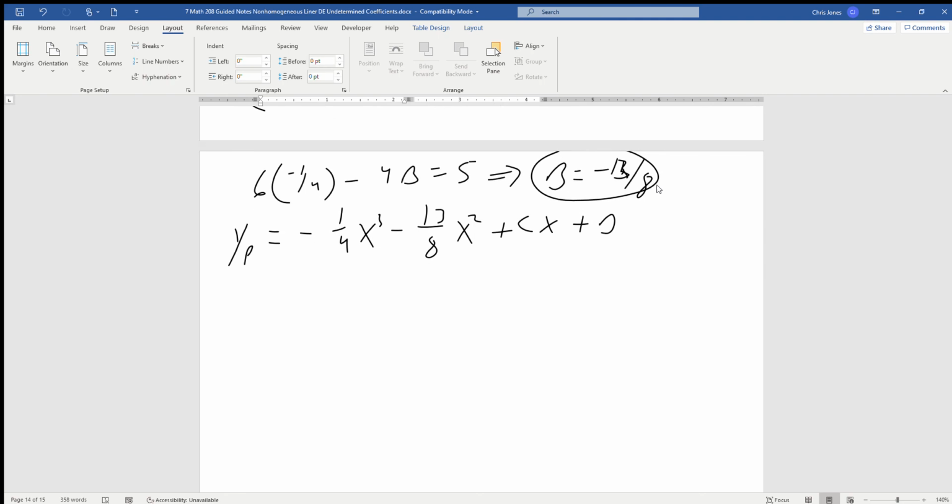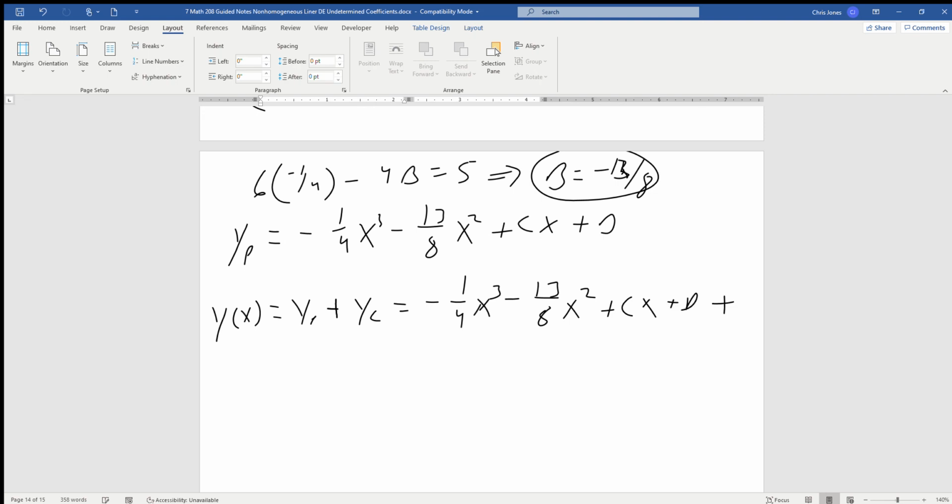And y of x, which equals yp plus yc, is what we just had above, plus the complementary solution, c1 plus c2x plus c3 e to the 2x.